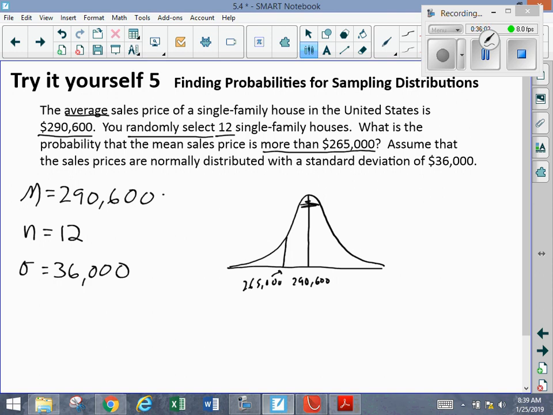So we're looking at finding the area of this shaded region, right? Stuff that's more, bigger, greater, above. So in order to do this, we need to calculate the standard deviation of the sampling distribution of the sample mean, which turns out to be the standard deviation of the population divided by the square root of the sample size.